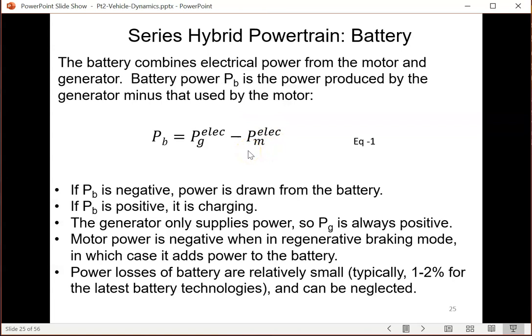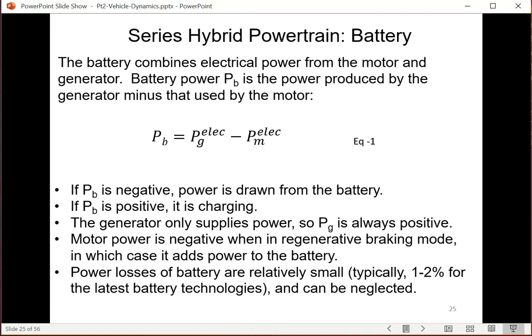Now if the power of the battery is negative, which can happen, it means the electrical motor is drawing more energy from the system than the generator can provide. Therefore, the battery is acting as a buffer to provide the difference.